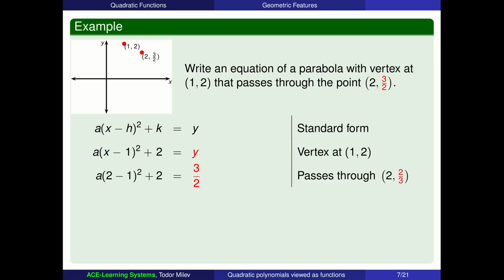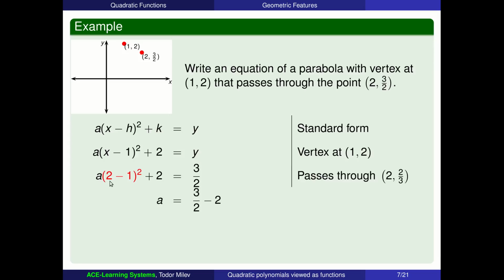So I need to have that a times 2 minus 1 squared plus 2 must be equal to 3/2. Once again, the numbers that you see here, 2 and 3/2, those were the x and y coordinates of the second point through which our parabola passes. So now this is a linear equation with respect to the variable a, and it is relatively easy to solve.